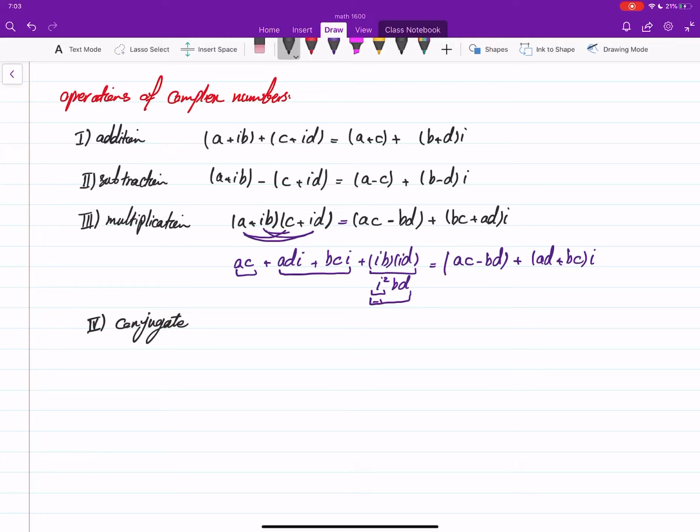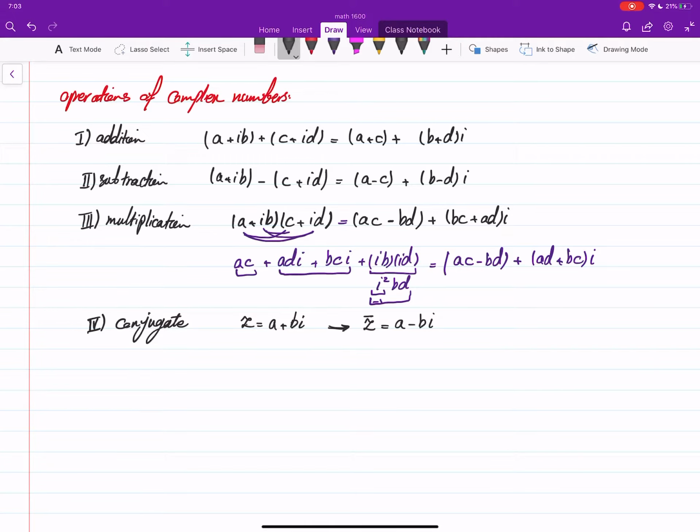So if I have z, the complex number a plus ib, or bi, doesn't matter here, the conjugate, the complex conjugate, we denote it by z bar. It is a minus bi. So you just get a minus sign there.